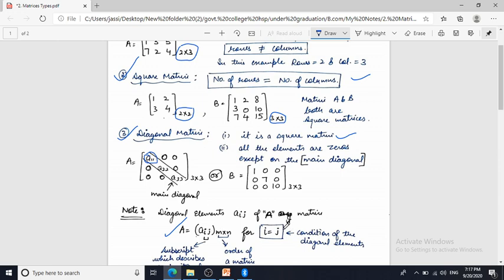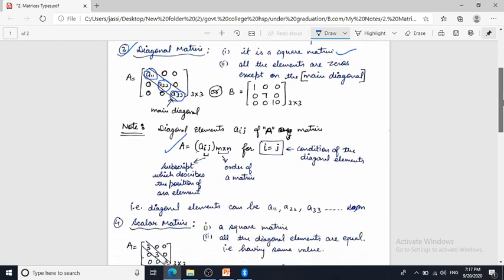If i is 2, j is also equal to 2, that is the a22 element. If i is 3, then j is also equal to 3, because here the condition is i equal to j. So a33. These are the diagonal elements. In the diagonal matrix, these diagonal elements are non-zero and all the other non-diagonal elements are 0. So this is a diagonal matrix.